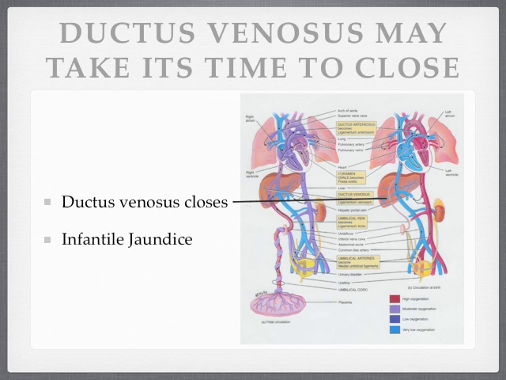Jaundice is a condition where waste products in the blood that should be processed by the liver don't get processed. They build up. They have a yellow sort of color to them, and the skin begins to take on a very yellow color. In the newborn infant, when we see that, we know that the ductus venosus has not closed as quickly as it should have.